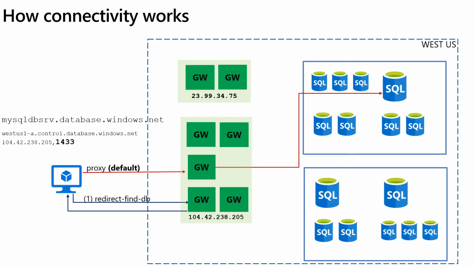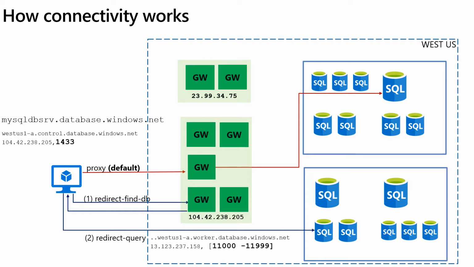In that mode, the gateway only acts as a lookup. Your client talks to the gateway and says, hey, tell me the location of my database inside the data center. And the gateway returns a token which looks something like this. It is typically a private IP address and a port range of 11,000 through 11,999.